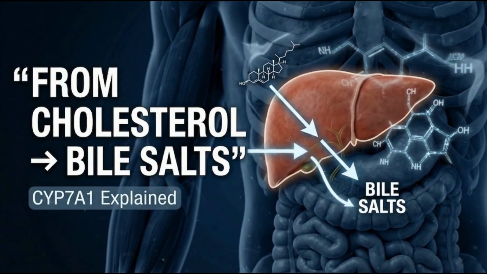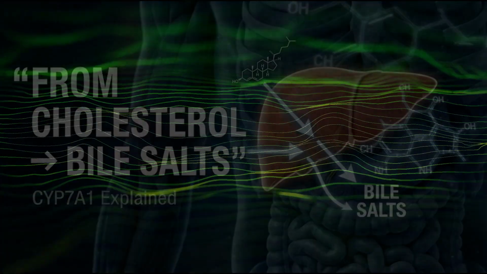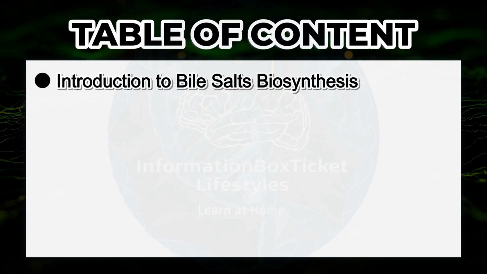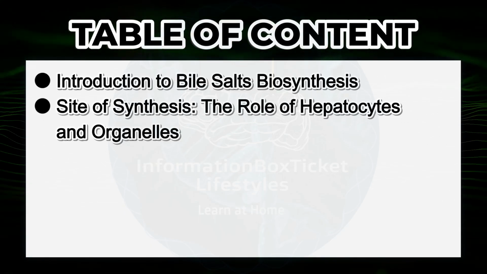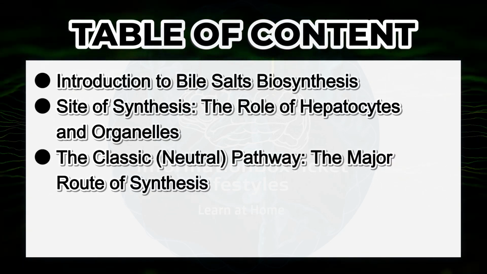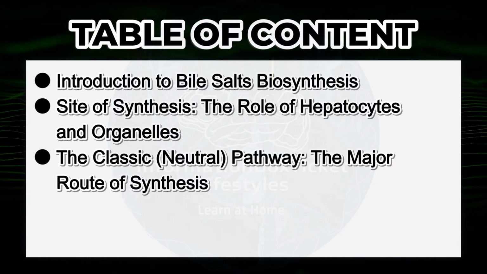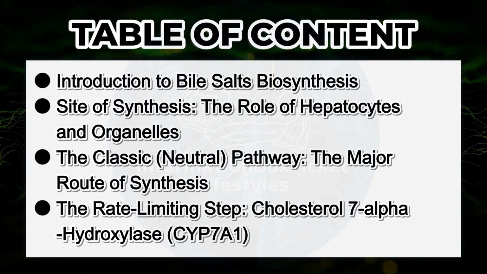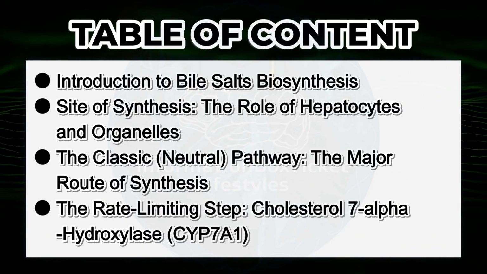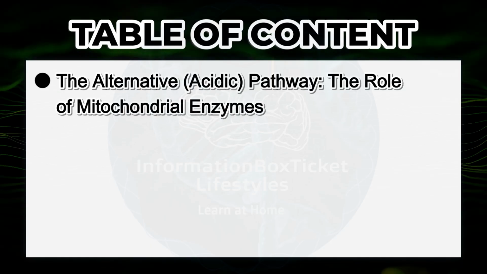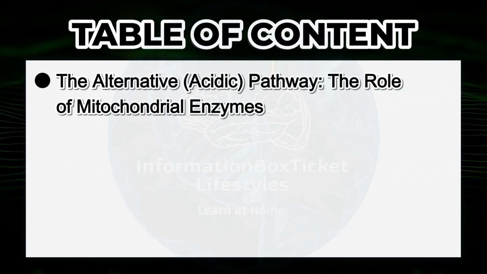Bile salts biosynthesis. Table of contents. Introduction to bile salts biosynthesis. Site of synthesis, the role of hepatocytes and organelles. The classic, neutral pathway, the major route of synthesis. The rate-limiting step, cholesterol 7-alpha hydroxylase. The alternative, acidic pathway, the role of mitochondrial enzymes.